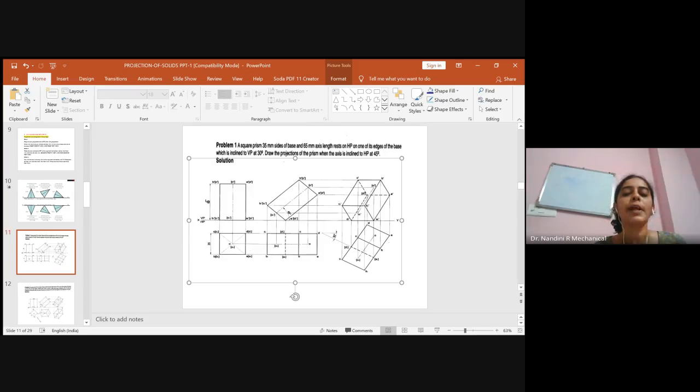And always in projection of solids, remember you should identify the center, because it is a problem in which the axis has to be identified. To identify the axis, the only option is to join the diagonals.